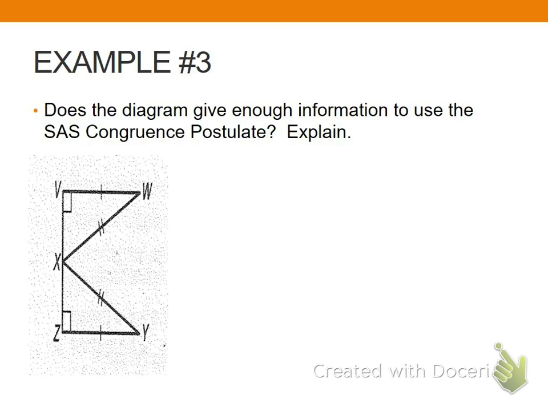Well, they gave us some sides, right? What sides did they give us? So I want them in pairs. So VW is congruent to ZY, WX is congruent to XY.